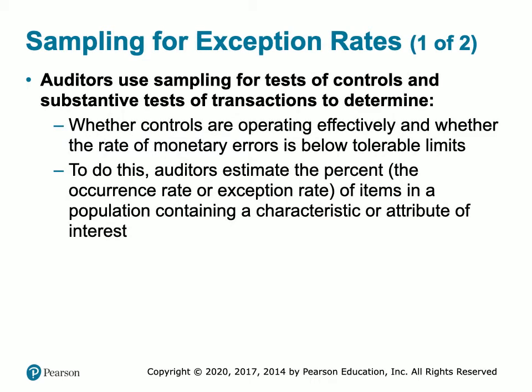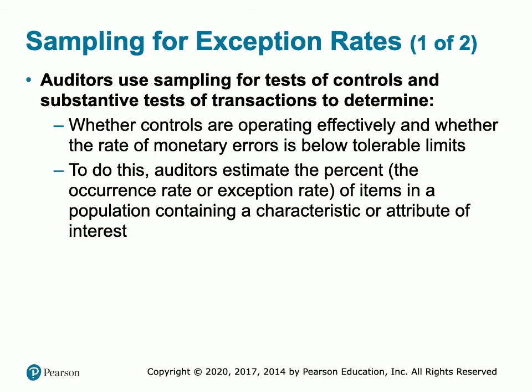You can also sample for an exception rate, which is what you're doing for tests of controls. So you really want to understand what the limits are, your tolerable error limits, and then figure out what the error rate is in a population. So the error rate can affect controls, right?